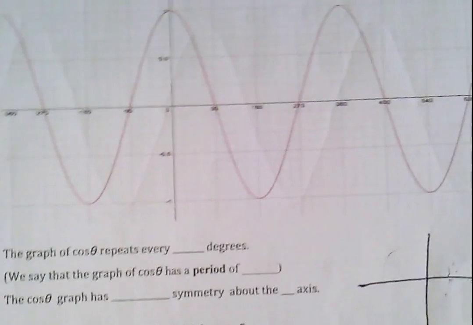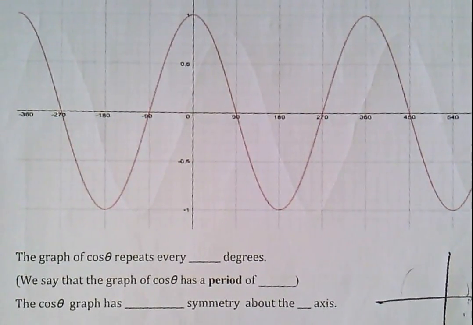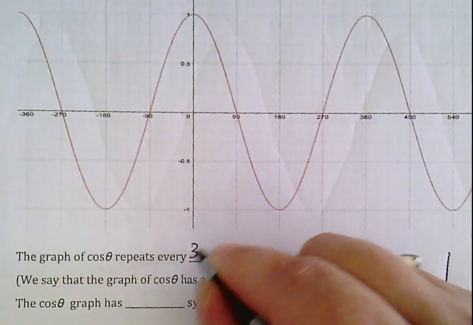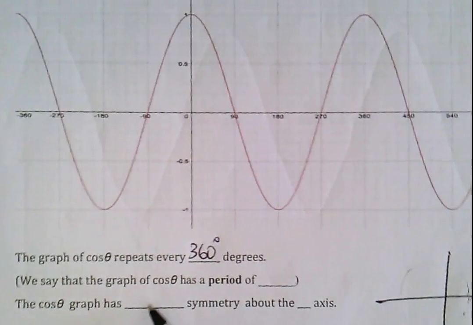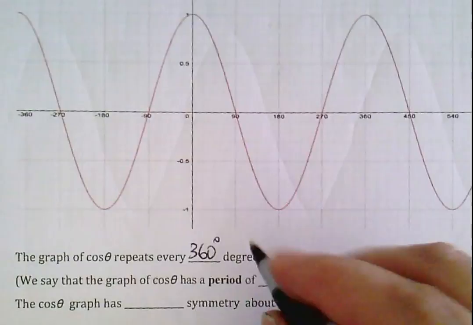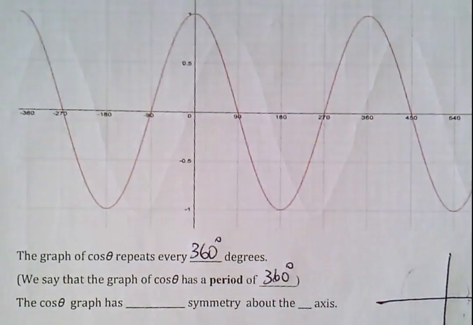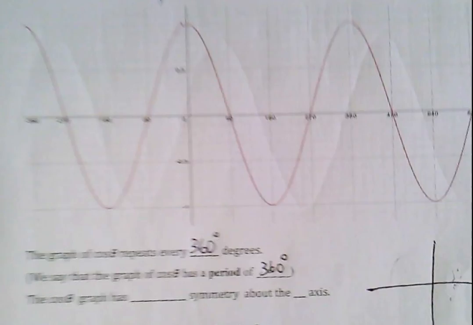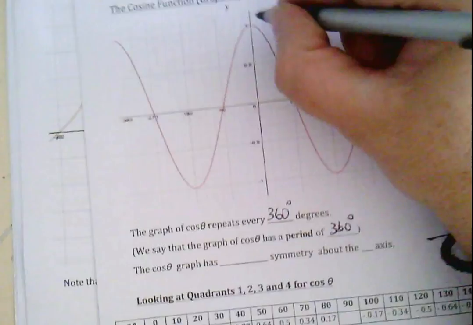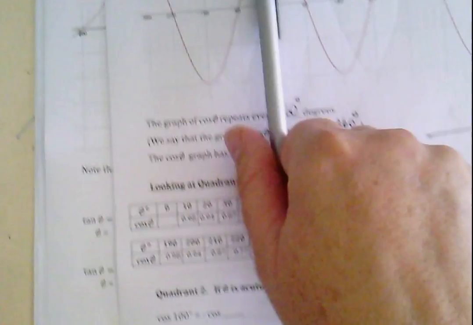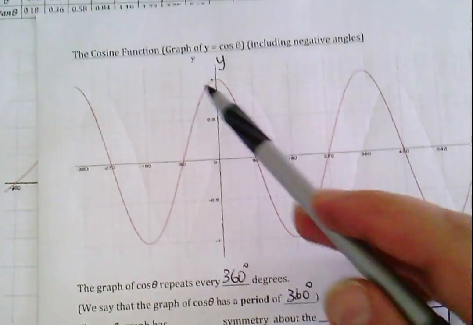So, the graph of cos theta repeats how often? Every 360. So we say that the graph of cos theta has a period of 360. The cos theta graph, here's the y-axis, girls. Does it have an axis of symmetry if you folded it there? Yes, it does.